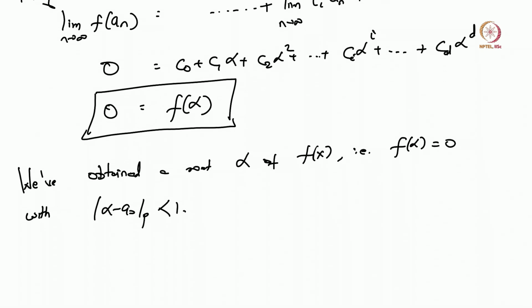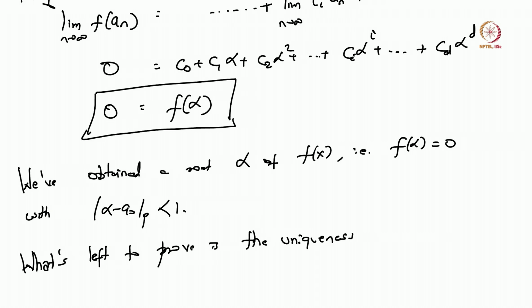Okay. So what's left to prove is the uniqueness assertion. So a root that satisfies this property that it's close to a_0. So we still have to prove that that root is unique. So what's left to prove is the uniqueness assertion of Hensel's lemma.